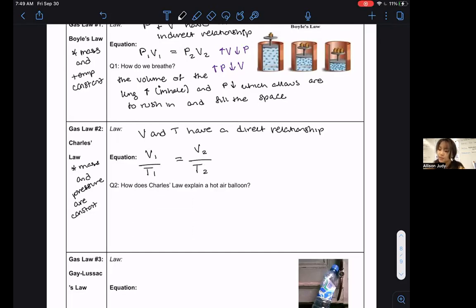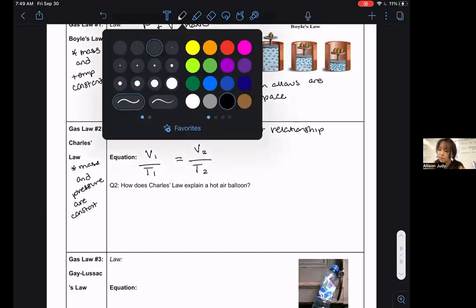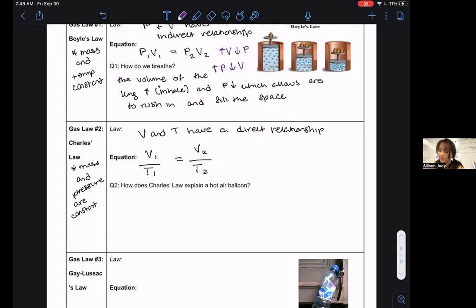Let's make that even simpler. If I increase volume, I'm also likely to have an increase in temperature. And if you're like, whoa, that doesn't make sense, let's flip it. If I increase temperature, I increase volume. If I decrease temperature, I'm going to see a decrease in volume.